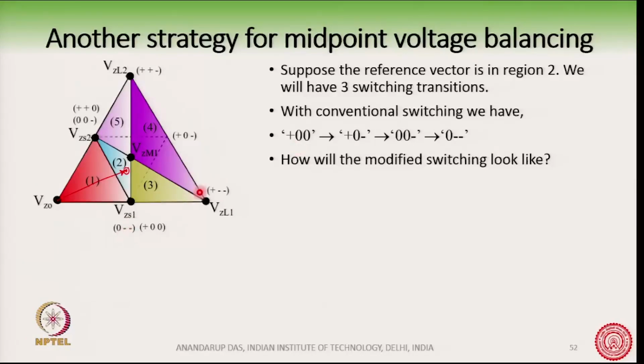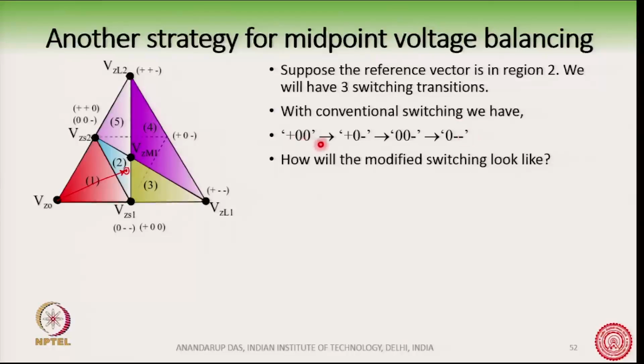We would have done, say, plus 0 0, plus 0 minus, then 0 0 minus, and again coming back to 0 minus minus. So, for realizing this reference vector in conventional switching, we would have used these 3 vectors with such a switching sequence, and in this sequence every time there is only one transition.